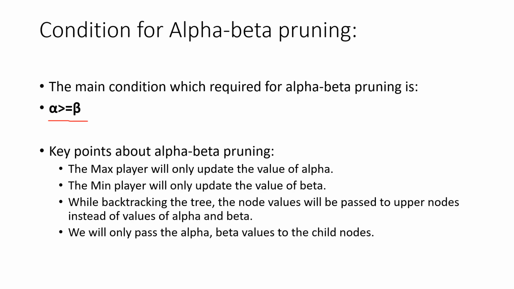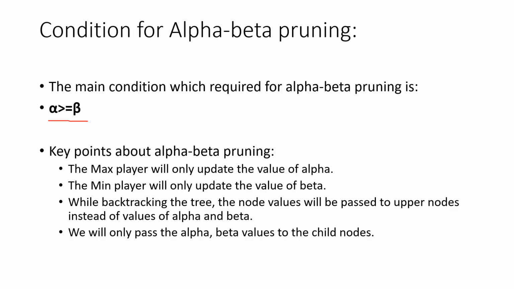Then the next point: while backtracking the tree, the node values will be passed to upper nodes instead of the values of alpha and beta. That means after evaluating a node, the computed min-max value of the node is returned. Alpha and beta values are only control values, not the final results. So the parent node uses the node value, not the values of alpha and beta.